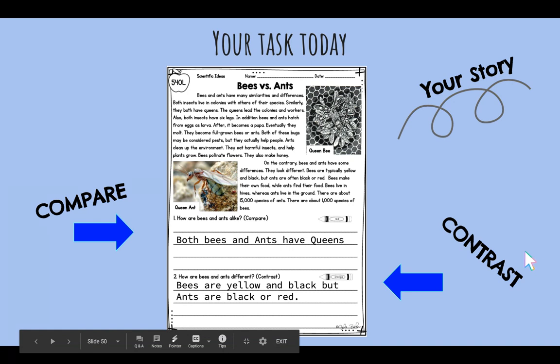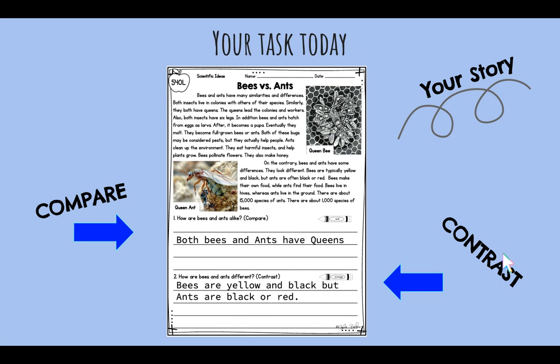And even though we've moved on to making connections within text, that is essentially the exact same thing we are doing. We are still comparing and contrasting and using those words, even with making connections. And so your story for today is bees versus ants.